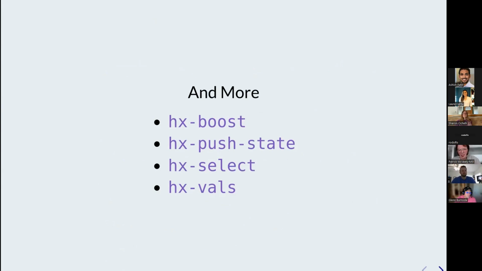And more. We've got HX Boost. This is a really cool one that makes any link or form into an AJAX request and then just swaps out the whole body of your HTML page. So that's just easy to put on everything. And you can put it on the body and then everything will be impacted by it because it all inherits down from the parent.